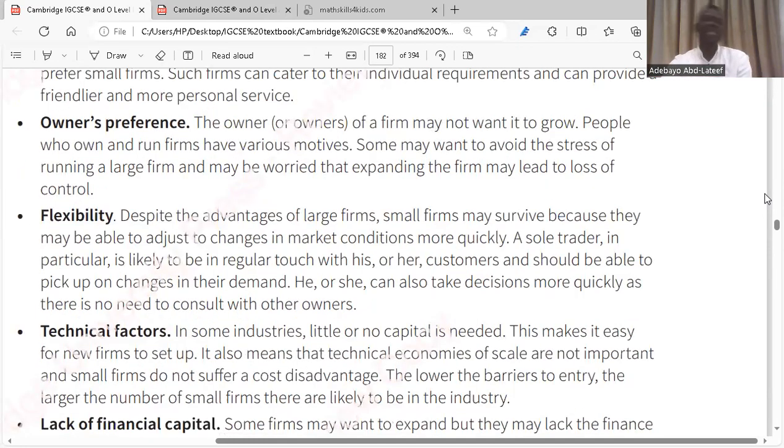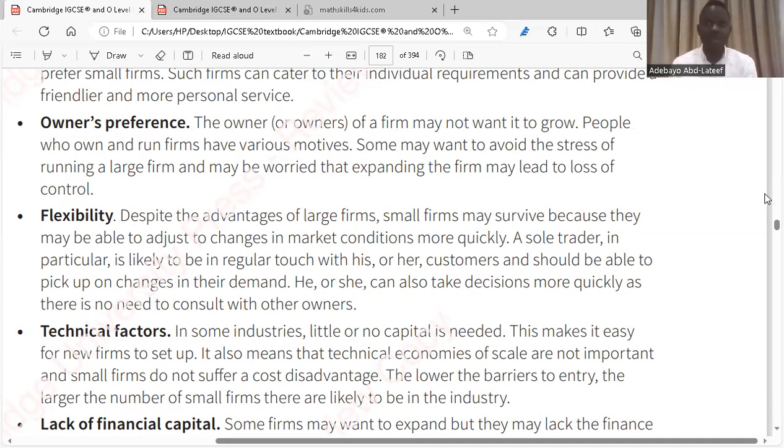The next one, flexibility. Despite the advantages of large firms, small firms may survive because they may be able to adjust to changes in market conditions more quickly. When there's a change in the market, small firms can quickly readjust. But it is difficult for large firms to do that because they need a lot of bureaucracy, a lot of paperwork to change things.